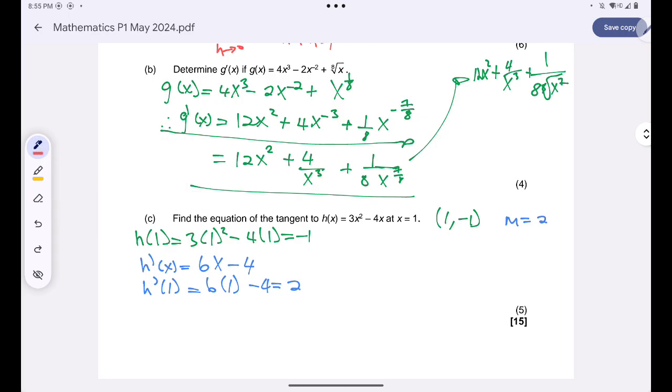I'll simply use this equation that says y minus y1 is equal to m times x minus x1, right? Where both y1 and x1 are the point on the tangent, and m is the gradient of the tangent.